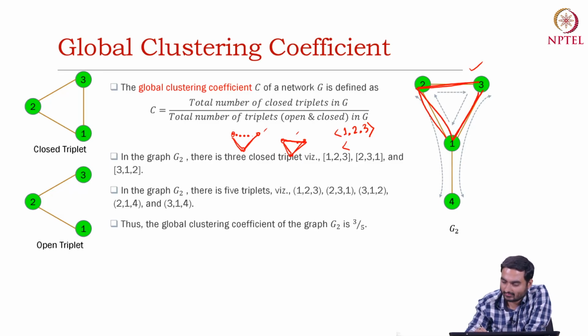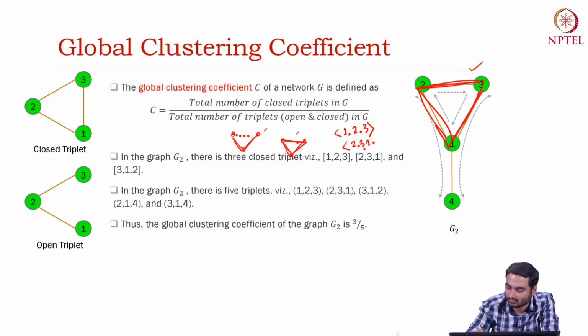From this closed triplet, you can actually derive 3 triplets, each centered around 3 different nodes. So one can be 1, 2, 3, another can be 2, 3, 1, where the central node is 3. The other can be 1, 3, 2.